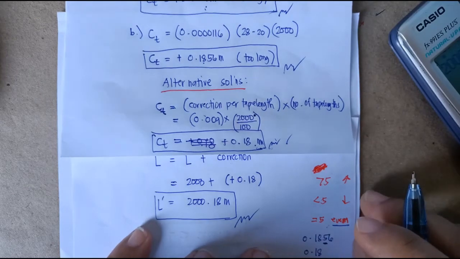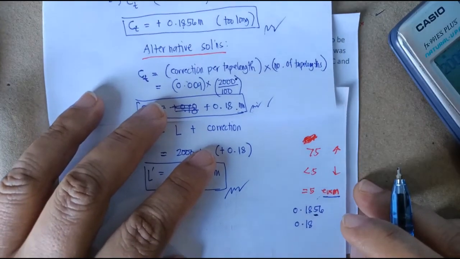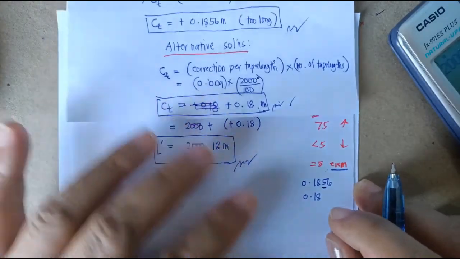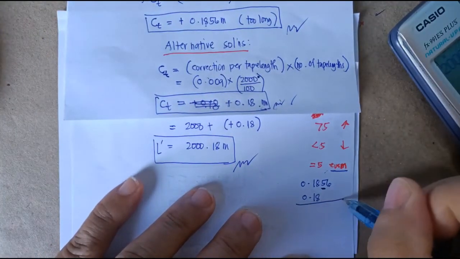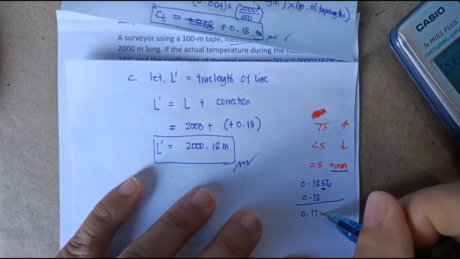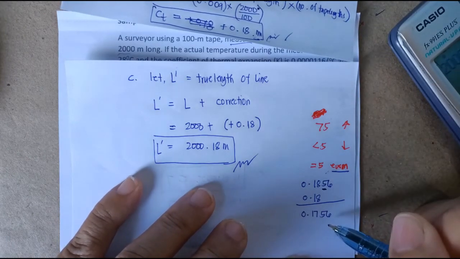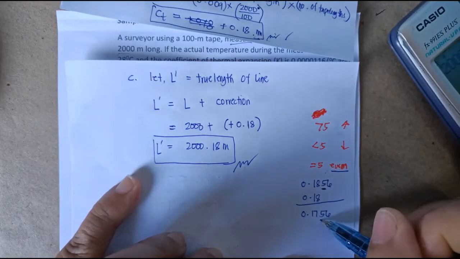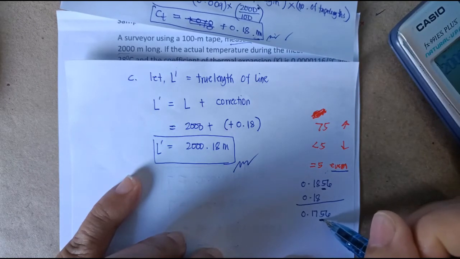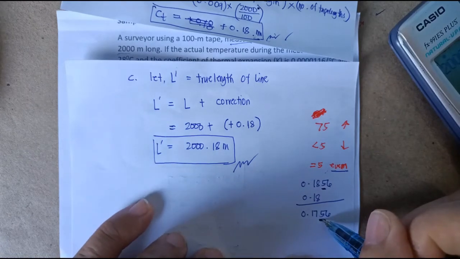Another example: how about if I have a value of 0.1756? Round off to 2 decimal places, so the number to be dropped is equal to 5. The rule is round it off to the nearest even number.